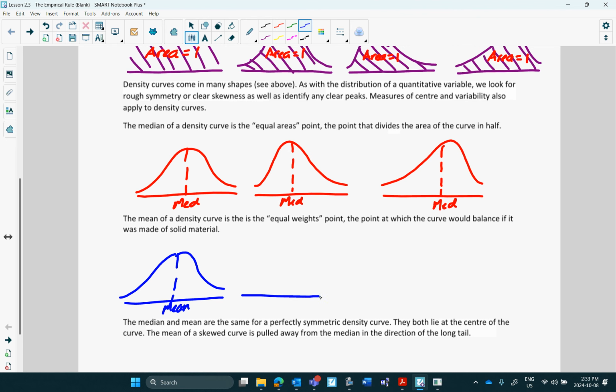And then, depending on the skew, it gets pulled in the direction of the tail, and pulled more than the median. So here, the median gets pulled a little bit off the peak, and the mean gets pulled more, because it's not resistant to outliers. Here, the median gets pulled slightly to the left off the peak, the mean gets pulled more.